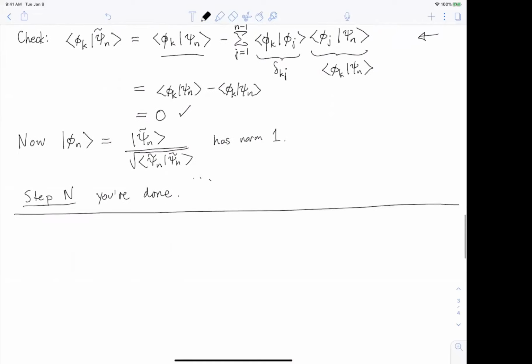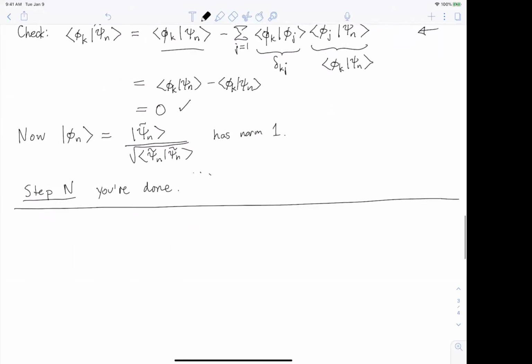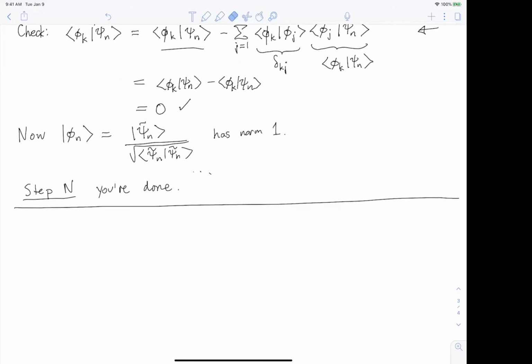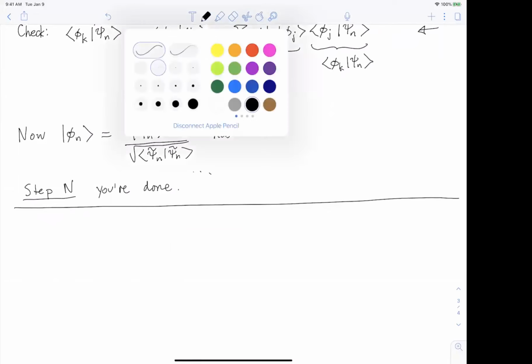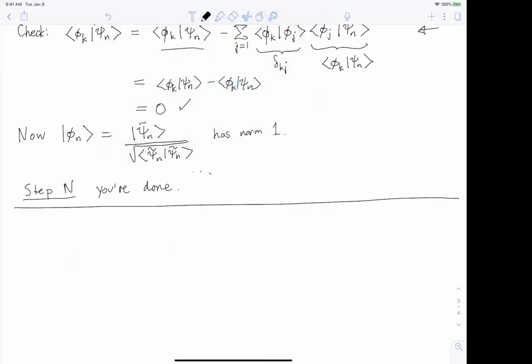Good. So I think you'll learn more about how this works if you just do an example. So let's do an expansion of a general vector in an orthobasis and see how that works.